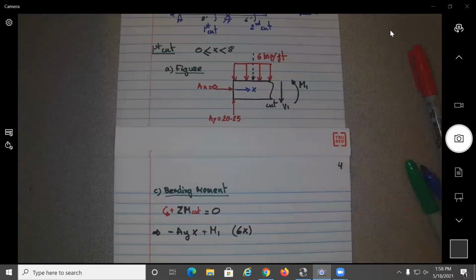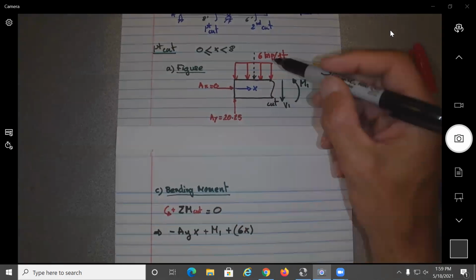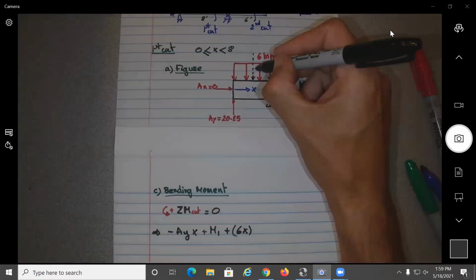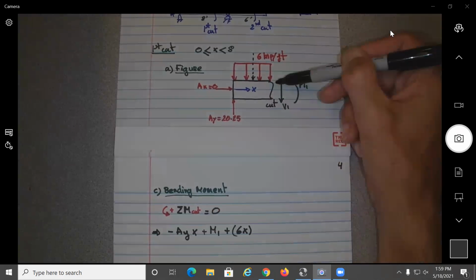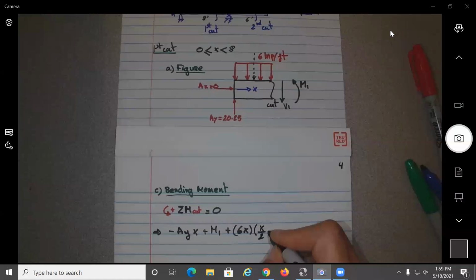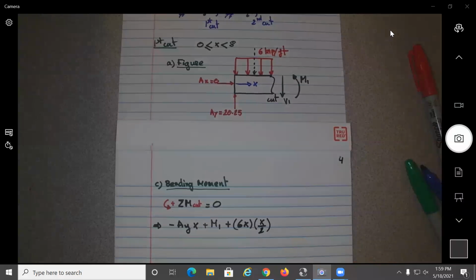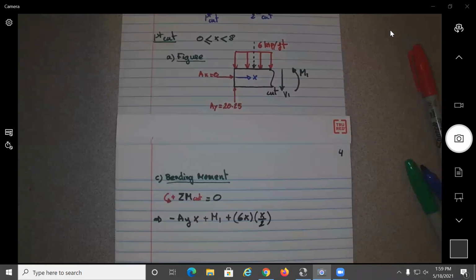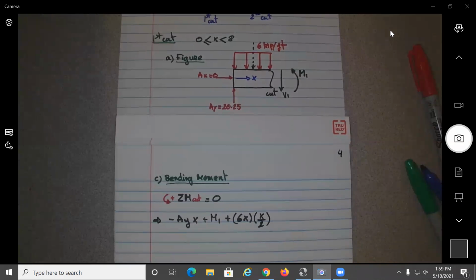It will be counterclockwise, no? So that will be positive. So this is the value of the force. What would be the arm? What would be the distance from here to here? X over 2. Okay? And that should be equal to 0.